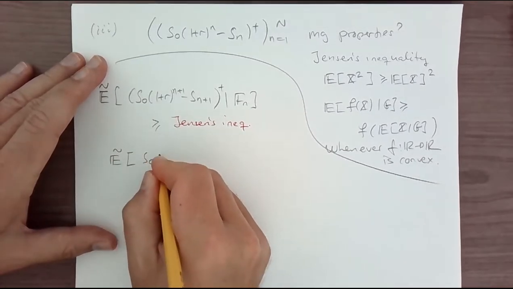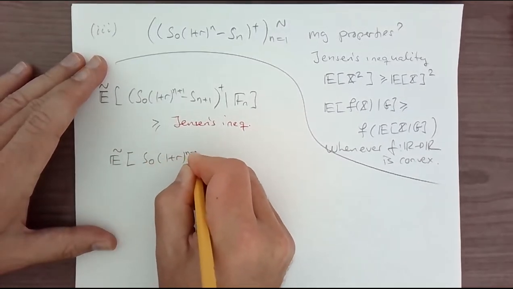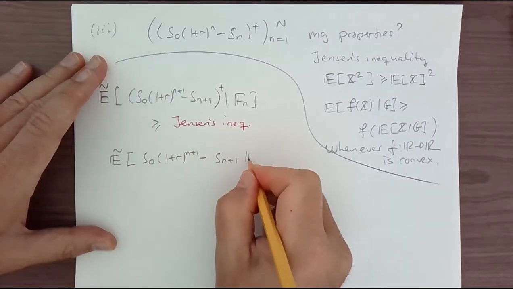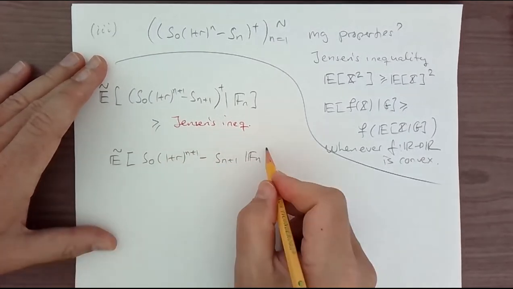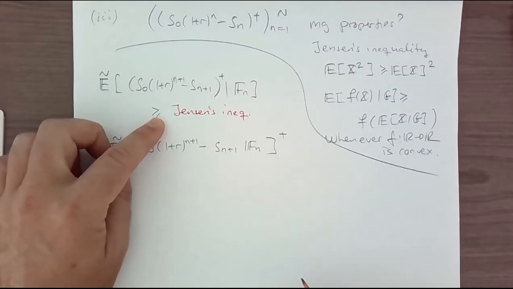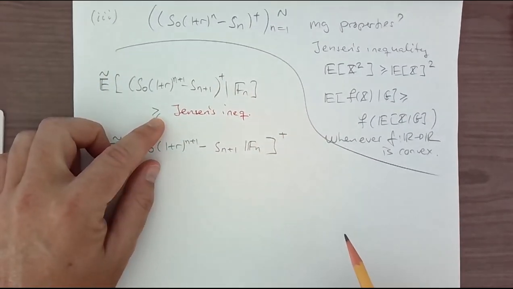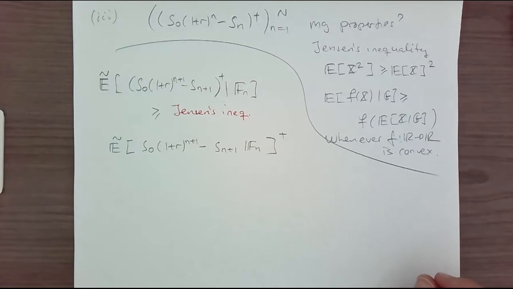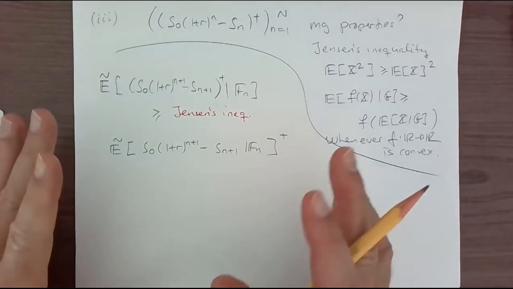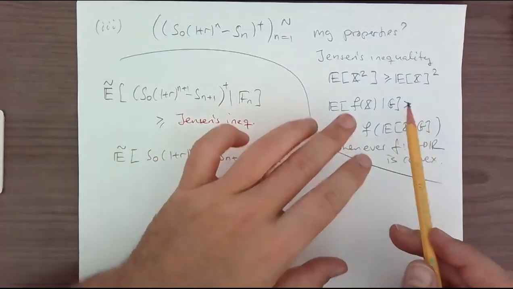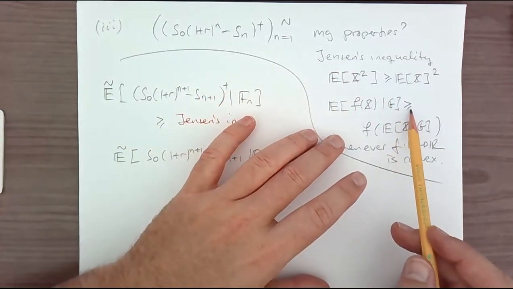So inside we'll have S0 times (1 plus R) to the n plus 1 minus Sn plus 1, given Fn. And now we'll move the plus to the outside. We get an inequality. Whatever you do with these inequalities, it is a really bad idea to write equality here.